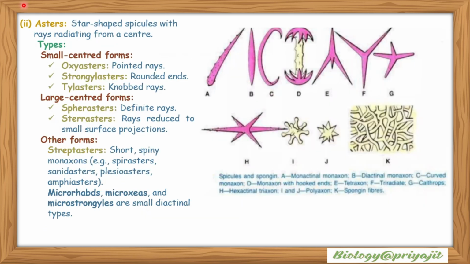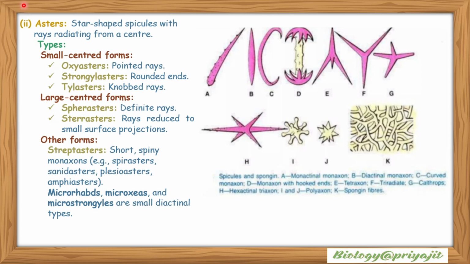Asters are basically star-shaped spicules with rays radiating from a center. There are 3 main types of small centered forms, which include oxyasters having pointed rays, strongylasters having rounded ends, and tylasters having knobbed rays. Large centered forms include spherasters, which have definite rays, and sterrasters, which have rays reduced to small surface projections.